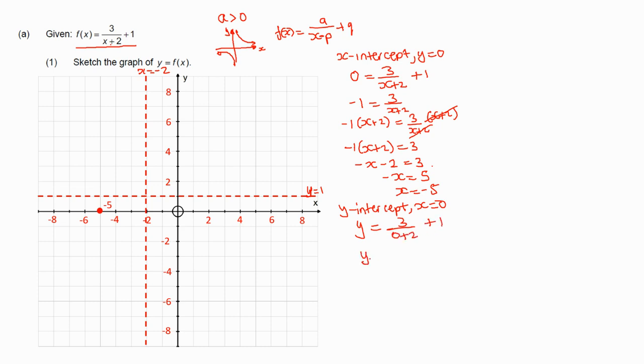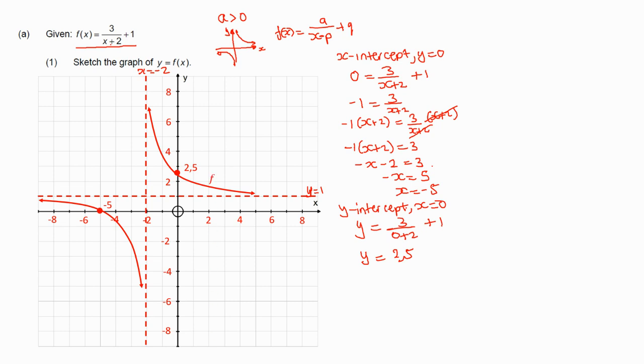So y is equal to 3 over 2, which is 1.5, plus 1, which is 2.5. So our y-intercept is 2.5. The coordinates for the y-intercept are (0, 2.5), and for the x-intercept they are (-5, 0). And then we just sketch our graph.